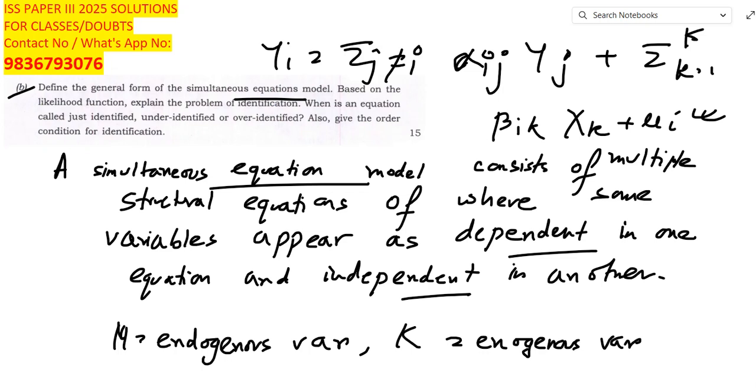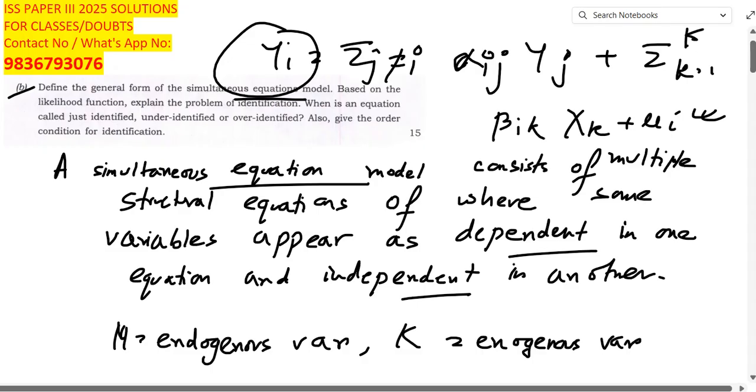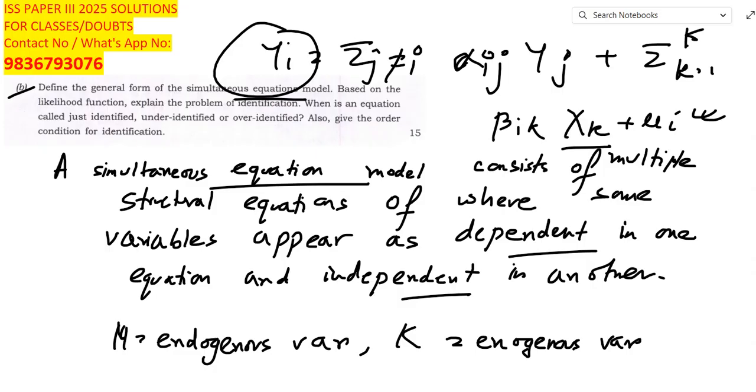So here what is my yi? That is the endogenous variable. What is the xk? That is the exogenous variable. And what is the ui? The structural disturbance term. So each equation has an endogenous regressor leading to endogeneity.